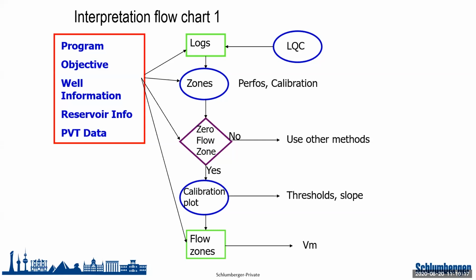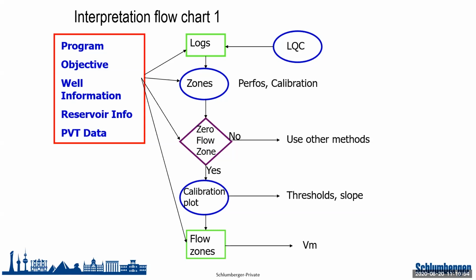Another thing we need for the interpretation model is my perforations and the calibration zones that I selected once I merged my spinner passes. I have to check if I have a zone with zero flow. If you did a static measurement, you will have zero flow. If you couldn't do a measurement while the well was static, you could sometimes consider the region below all your perforations, although this is not ideal.